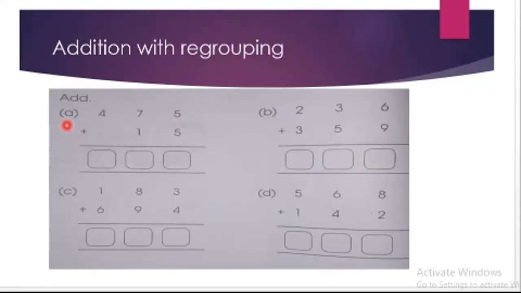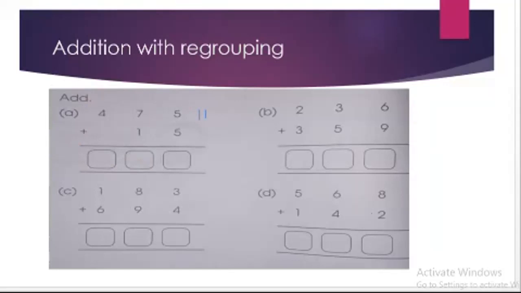Okay, read the first number very carefully. This question is basically very easy because the numbers are already at their places. You did not have to put the 15 over here and find the ones value. They already did this for you. So they made this work so much easier for you. So just start adding it, simple way. 5 and 5 makes 10.